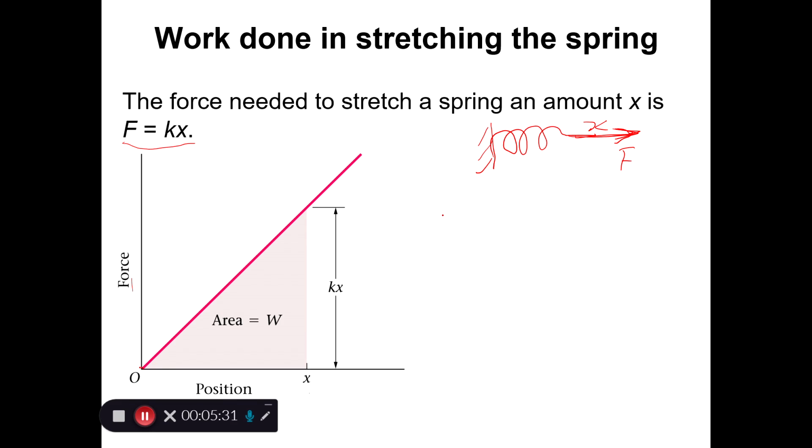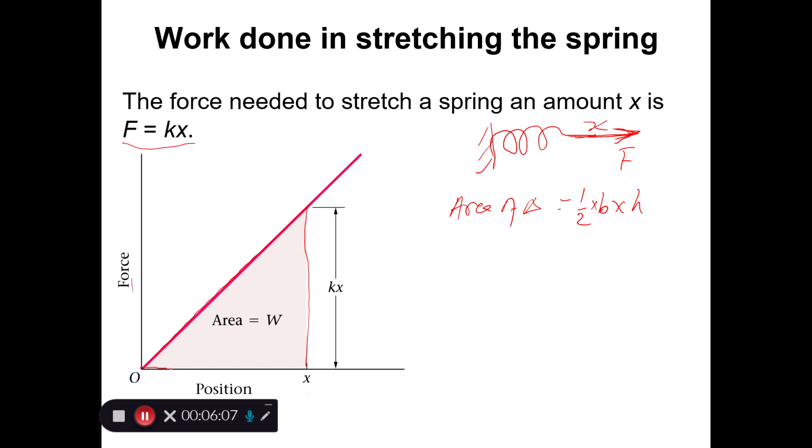Now if you want to calculate the work done by this spring by applying this force F, you have to calculate the area under this force curve. You multiply the displacement on the x-axis with the force on the y-axis and make it half, because this is a triangle. The area of a triangle is half times base times height.